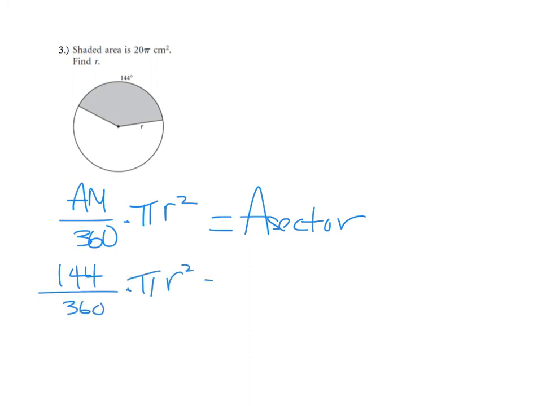We don't know that. And we know that the shaded area is 20 pi. All right, let's reduce our fraction, 144 over 360. I know that 12 can go into 144 12 times, and 12 can go into 360 30 times. And then I can reduce again by 6.